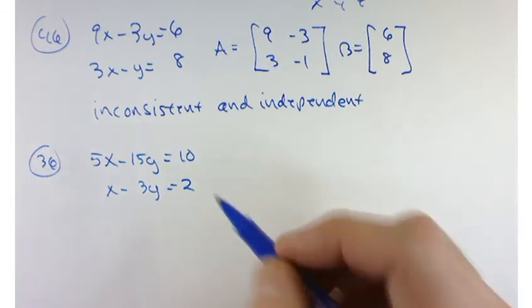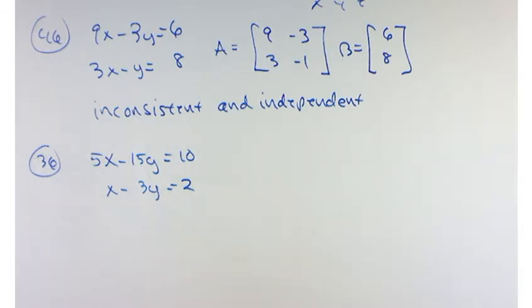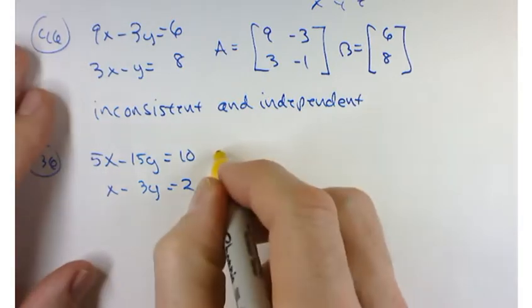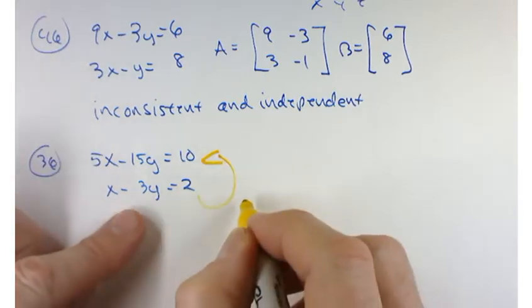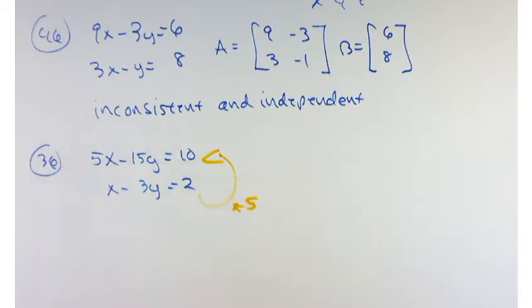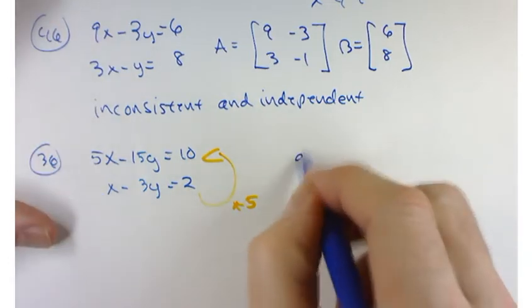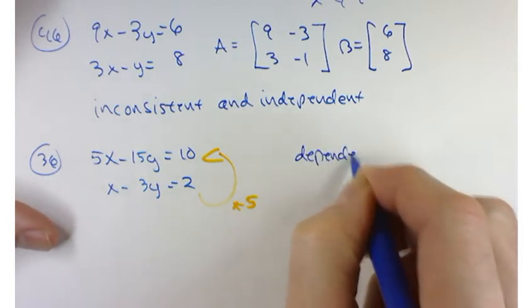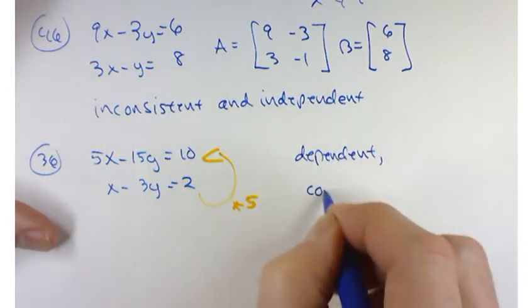Yeah. If you take a look at this, thanks gentlemen, if you multiply the bottom equation by 5, you get exactly the top equation, right? These two equations are essentially the same. So you're getting a dependent, consistent system. Dependent, consistent.